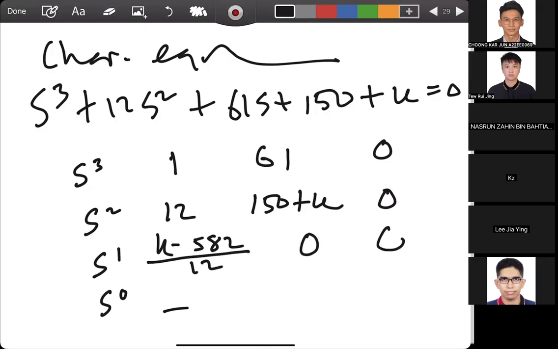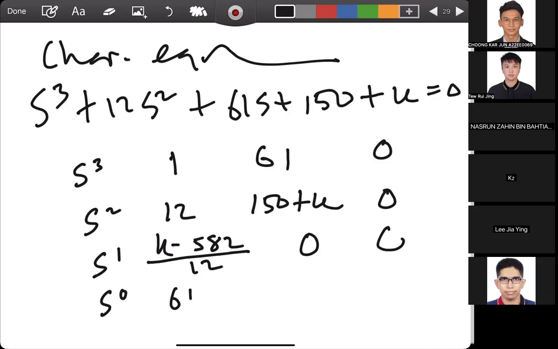And the last one? 61. I think the above should have negative.